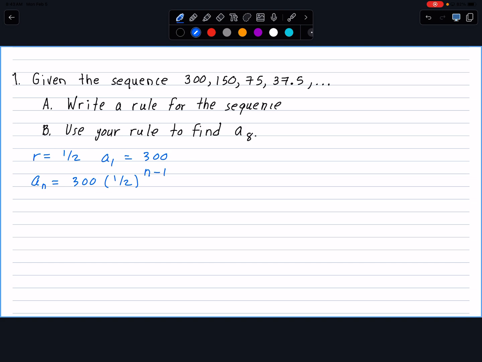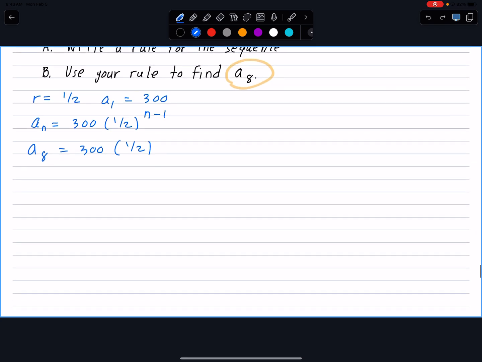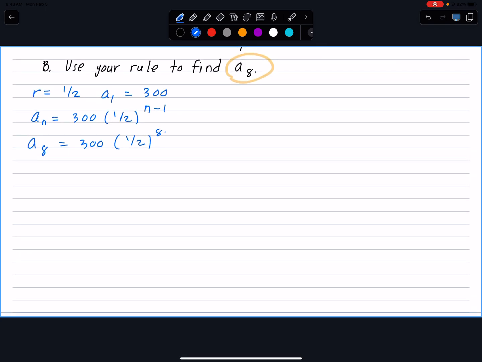Then if we want to find a specific term, which we do, we want to find the 8th term, we're just going to plug in our values. So our 8th term, in this case, is 300 times 1/2 to the 8 minus 1.